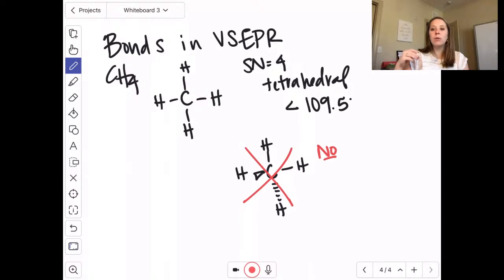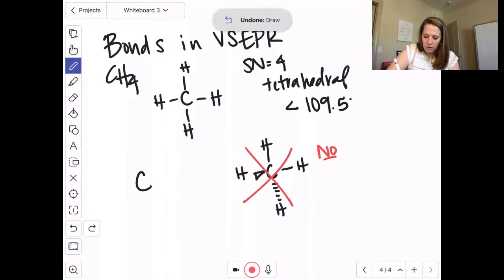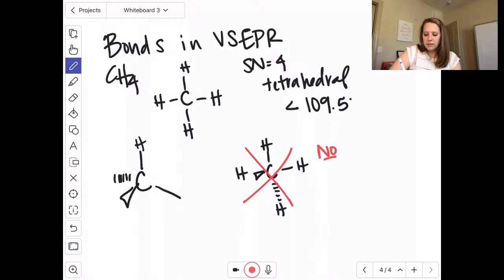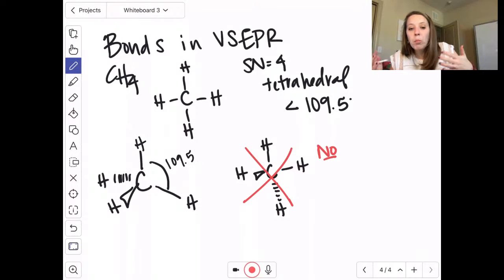But if we draw it with approximately 109.5, what we'll see is we have carbon. Well, that's not the best line. And it looks like this. And so now what we see is our 109.5 degree angle is pretty close.